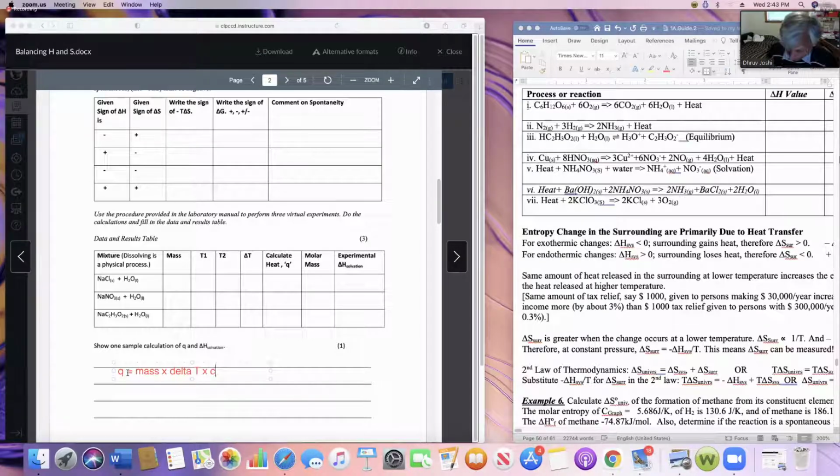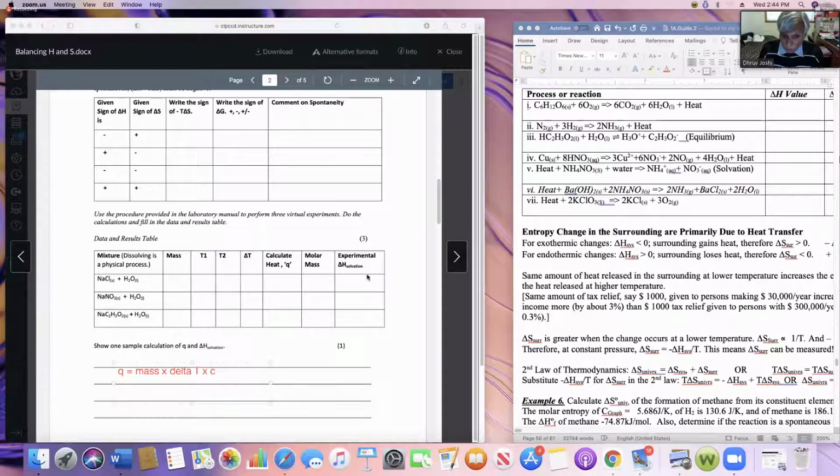We have done that in the lab before. So that's a simple thing. So calculate heat Q. You're going to write it down over here for these 3 processes. And then the molar mass of NaNO3 and sodium acetate, you write that down. And the experimental delta H of solvation, we have done that too. How to convert Q into delta H? You can do a simple 1-step dimensional analysis, or you can just remember that the units of delta H are per mole and the unit of heat is kilojoules.